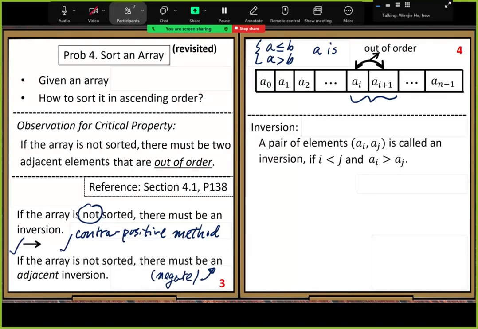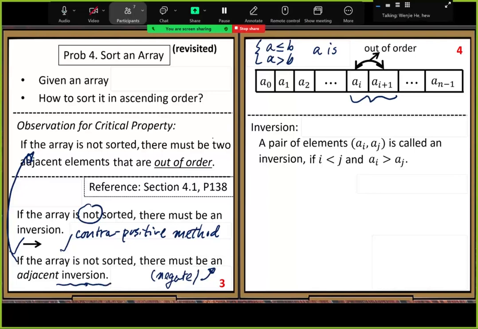After you understand that, then you can understand that property easily, right? The first one we didn't use the inversion concept. Here we use the inversion concept.